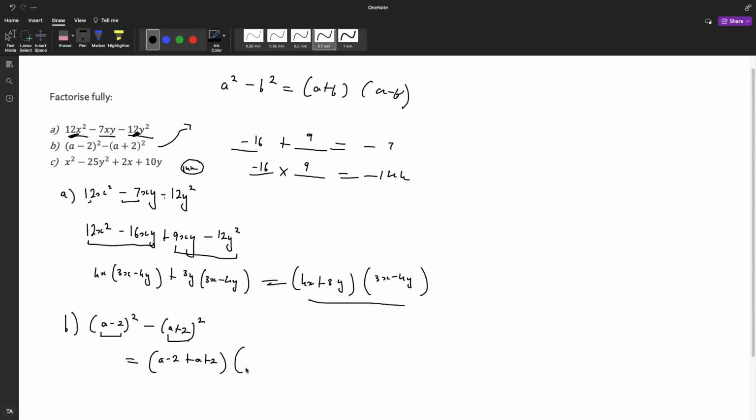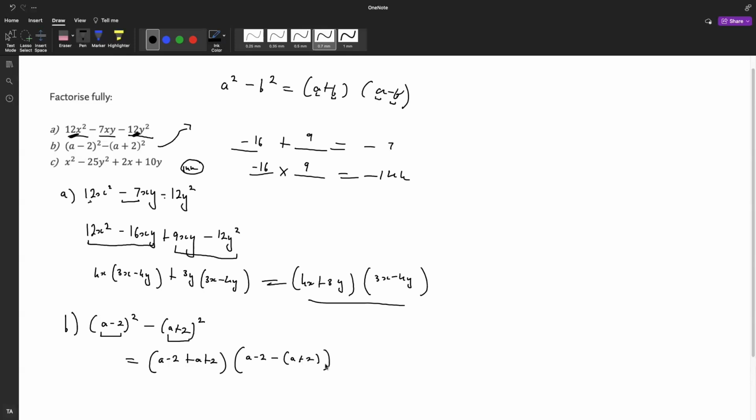And then we would times that by, so that's the part where we've added the two expressions, and now we're going to subtract the two expressions. So now we're going to have a minus 2 minus a minus 2. So a plus 2.